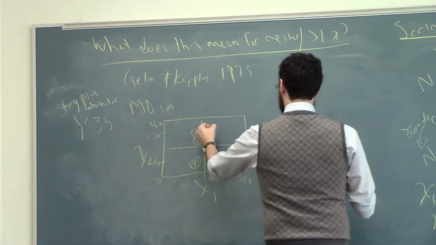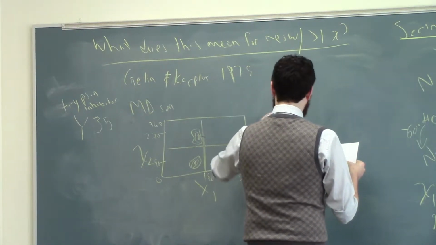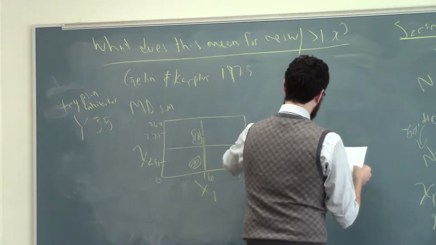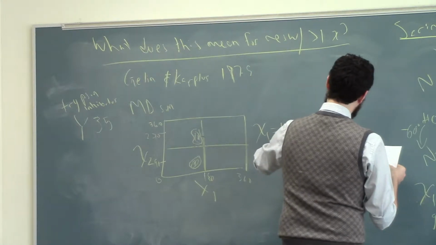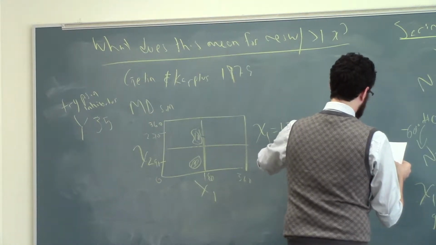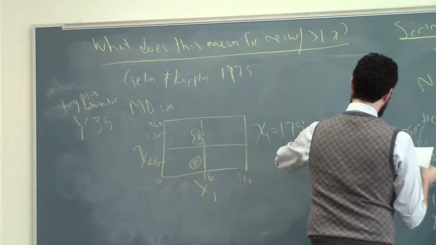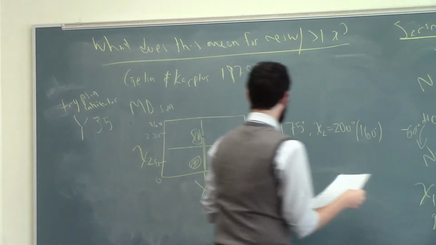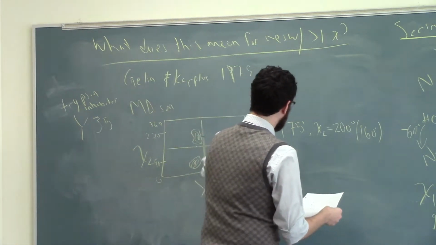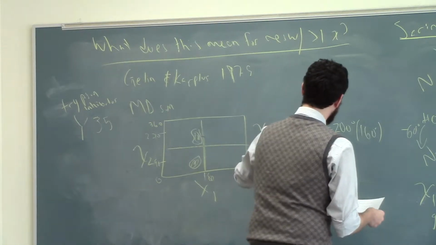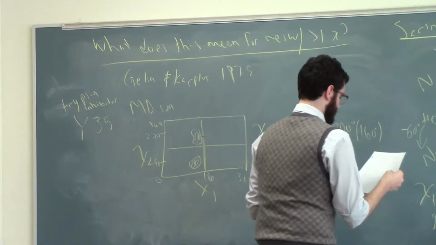And so for this population, we have a chi1 of about 175 degrees, chi2 about 200 degrees, 160. So this lower one, chi1, 175, chi2, 60.